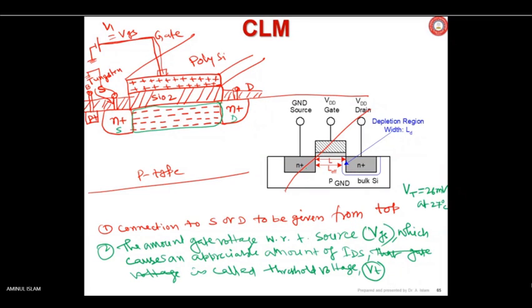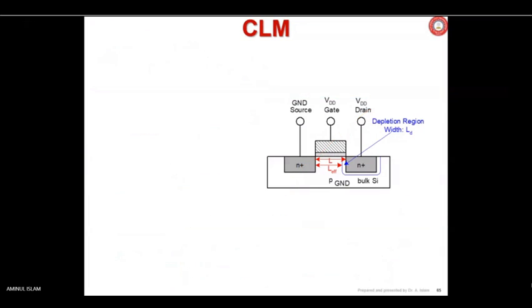Now, this is what I have shown by drawing, but normally you'll see the diagram in various books in a slightly different way. Basically, the idea is the same. So what we understood is, if you want to get an IDS, you have to apply gate voltage.